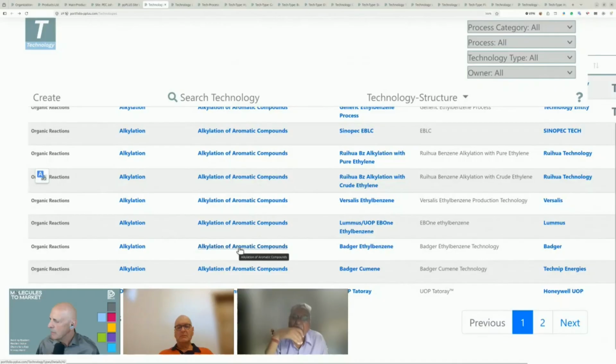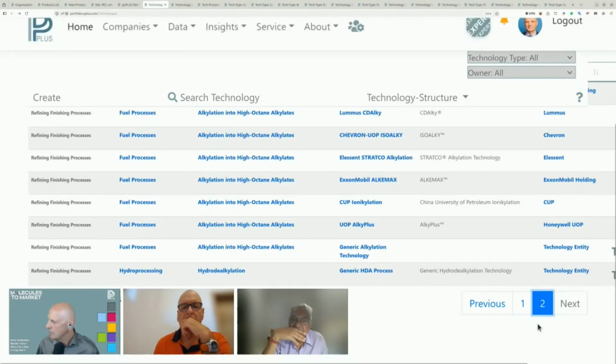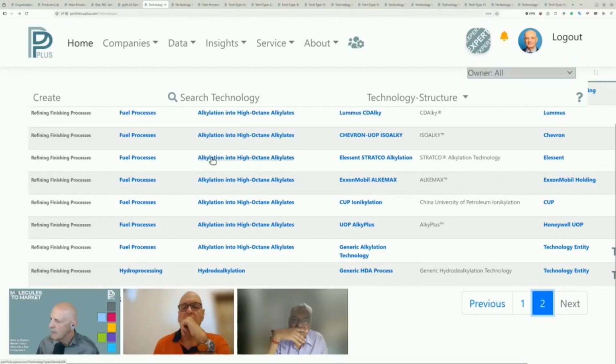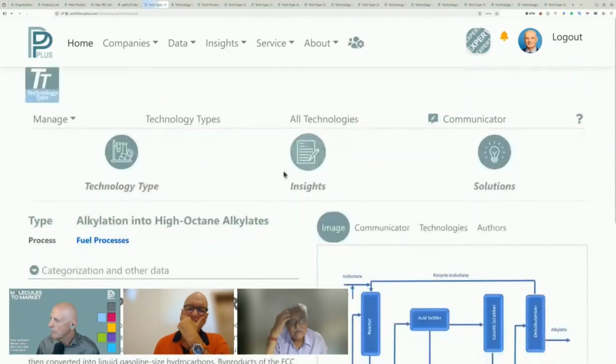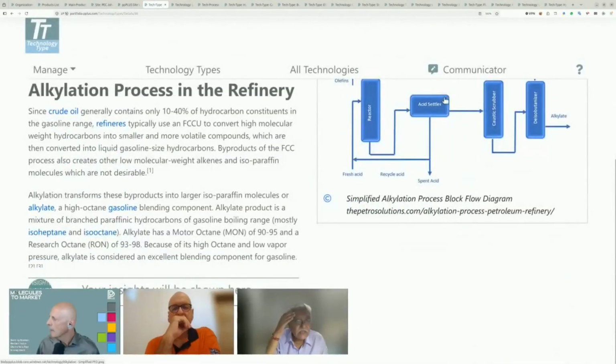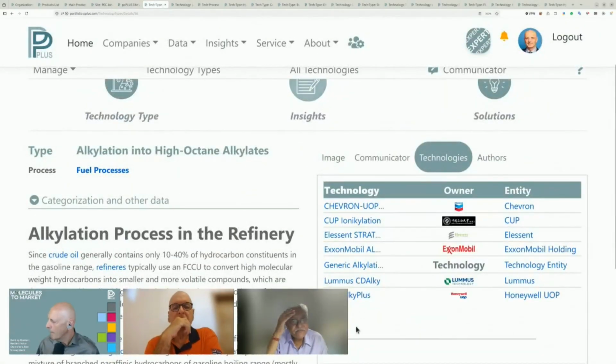Alkylation of aromatic compounds, you mean? Oh no, it's to make the alkylates for the fuel, the gasoline component, right? It's this one. Alicent, Lummus, all these fellows have this.